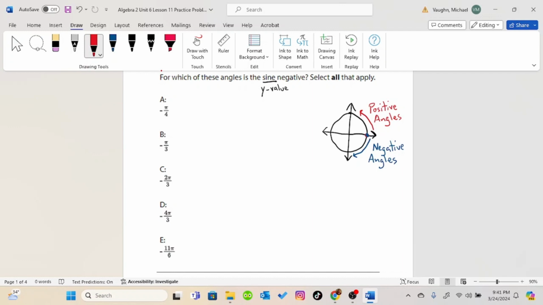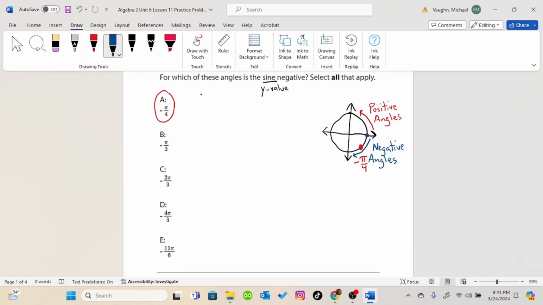So negative pi would rotate clockwise to the halfway point. So negative pi over 4 would be this point right here in quadrant 4. And at this point, y would be negative, so sine would be negative, and A is a correct answer.